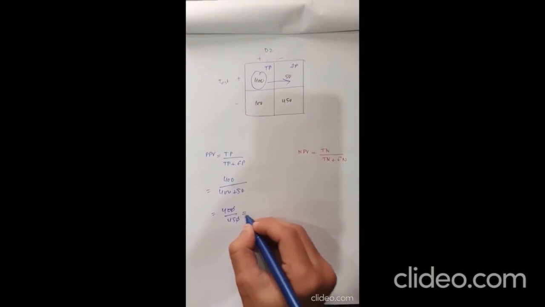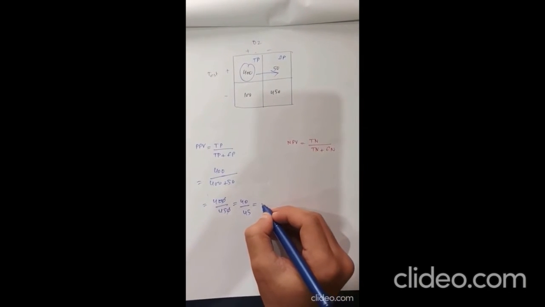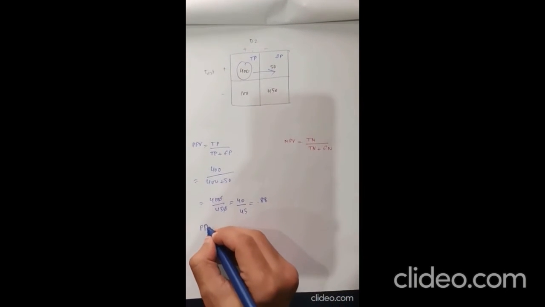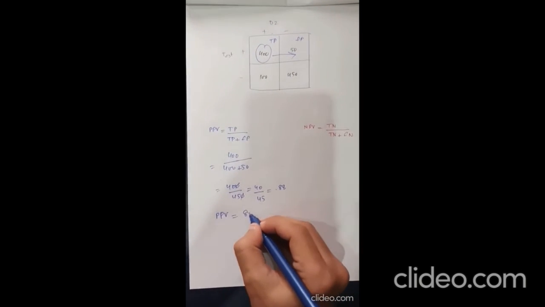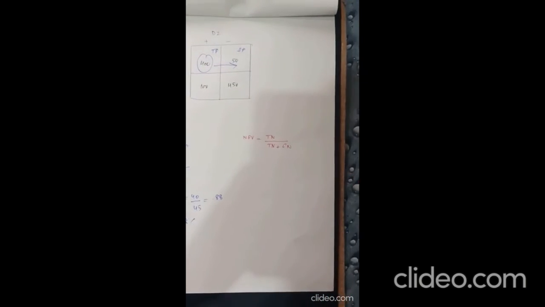Do the simple math: 40 by 45 equals 0.88, or positive predictive value equals 88%.